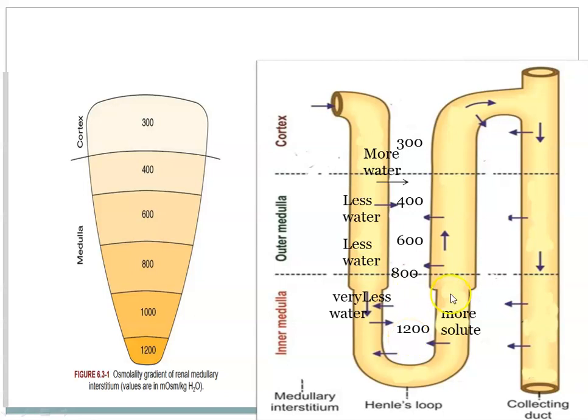And again some solute, but less than before, gets absorbed into the interstitium, and again the solute gets absorbed. This movement of the solute will multiply the osmotic gradient of the interstitium. Here is 1200, 800, 600, 400 and up to 300. So this movement of the solutes and water maintains the osmotic gradient of the interstitium.